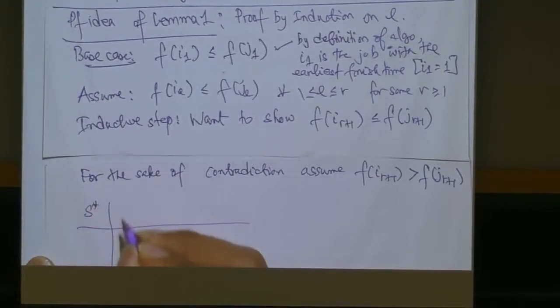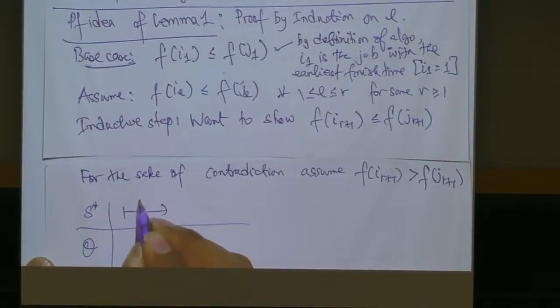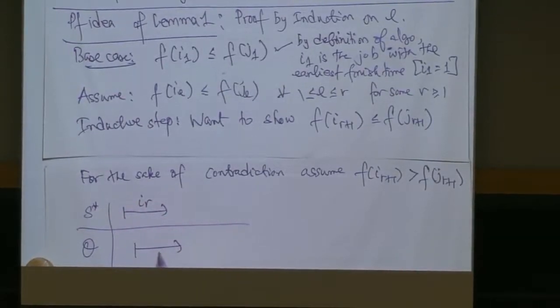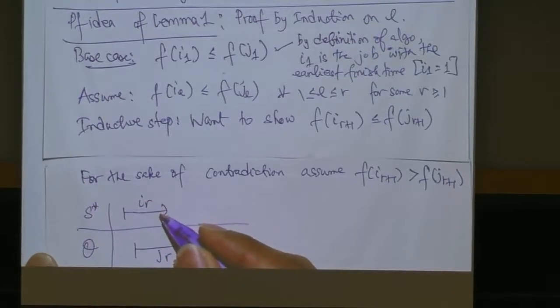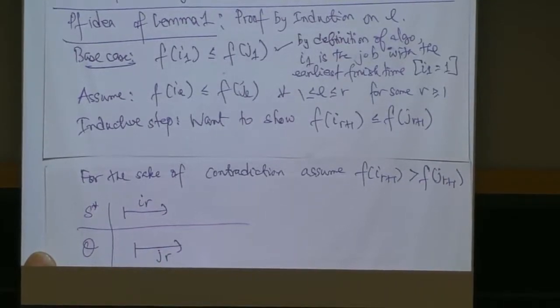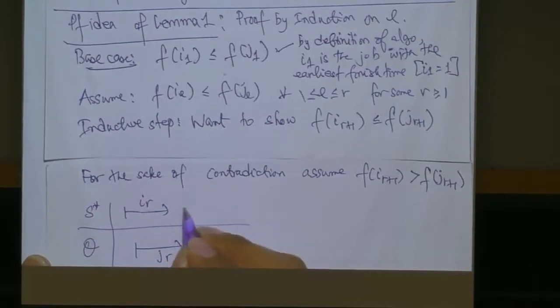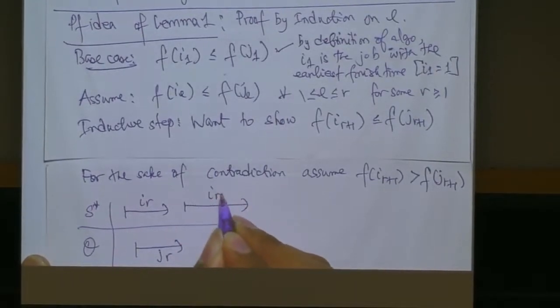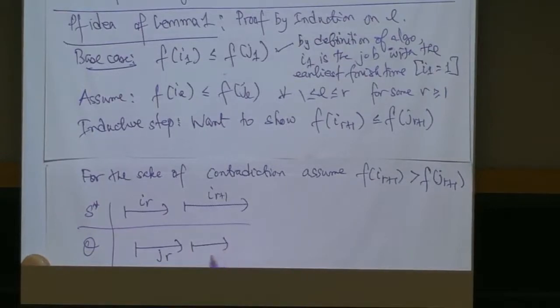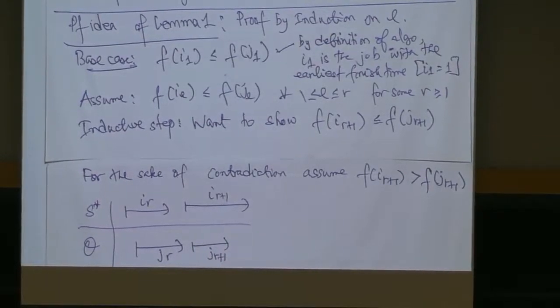So we have S star and we have optimal. By the inductive hypothesis, the Rth guy in greedy finishes before the Rth guy in optimal. And now we are saying, but if you look at the R plus 1th guy, the R plus 1th guy in greedy finishes strictly after the R plus 1th guy in optimal.